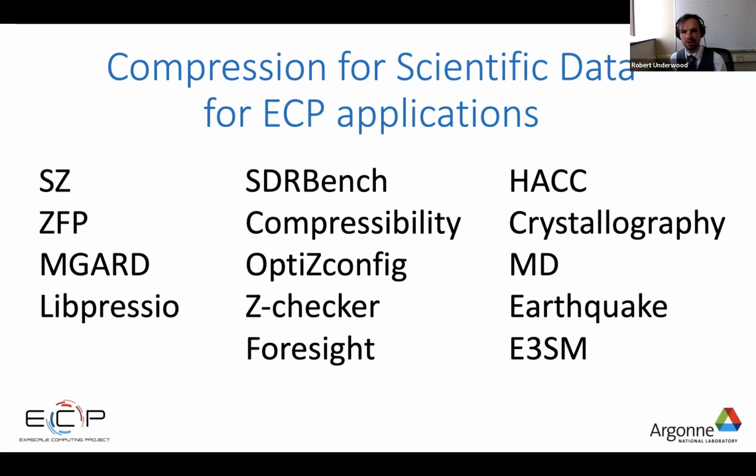Having these mathematical guarantees can give you confidence on relatively simple metrics. When you start getting into more complex things like halo masses or crystallography data, where you're computing higher order analysis, things like Z-checker, Foresight, and OPT-config start to play a role in helping the user infer what the answers to those questions may be.